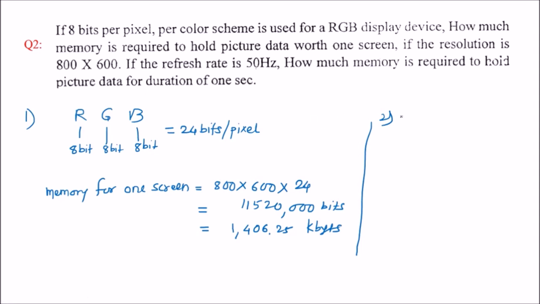So the memory required to hold 1 second data is equal to, this is the one screen data, it is repeating 50 times, so it is 1406.25 multiplied by 50 kilobytes.